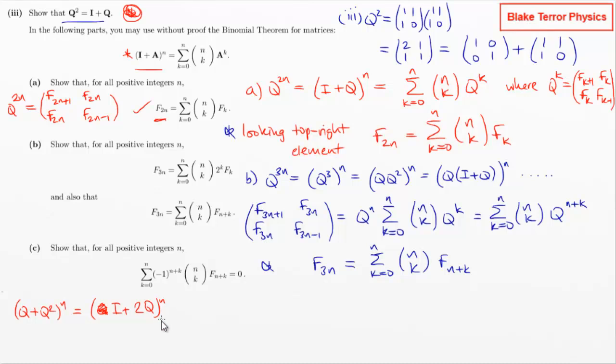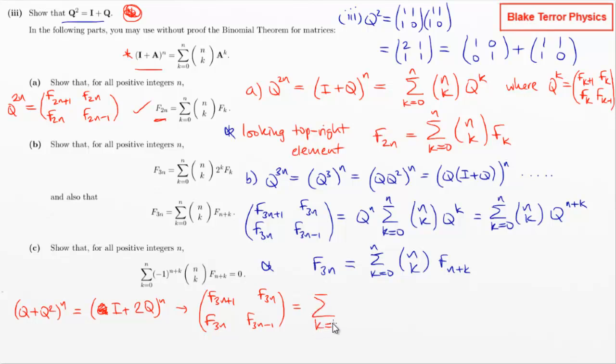So, right, this should get powers of 2 in then, shouldn't it? Because if I put this in, I'm now saying that this matrix that I had before, so this F3n plus 1, F3n, F3n, F3n minus 1, all of that is now, well, I've got a 2q rather than a q in my binomial.